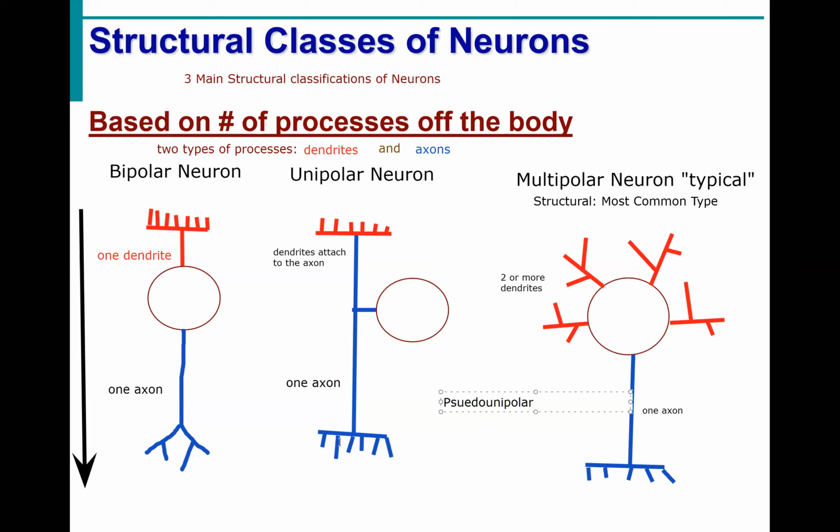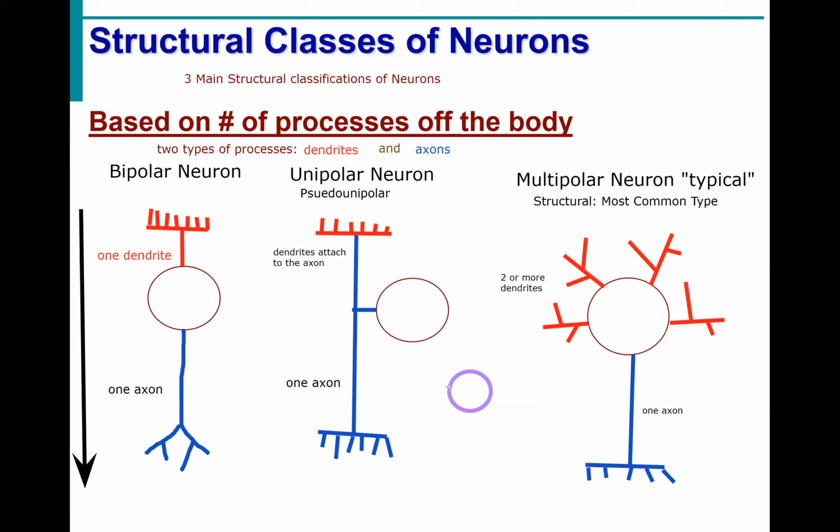Where that term pseudo unipolar comes from is it's really just another name for these unipolars. What we're looking at here is a mature adult neuron. What actually happens in a developmental state is it has, and here I'll draw a second one smaller next to it, our cell body.